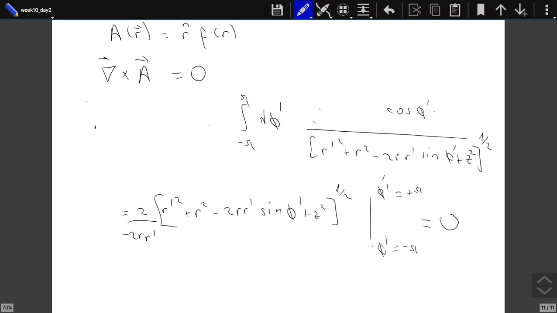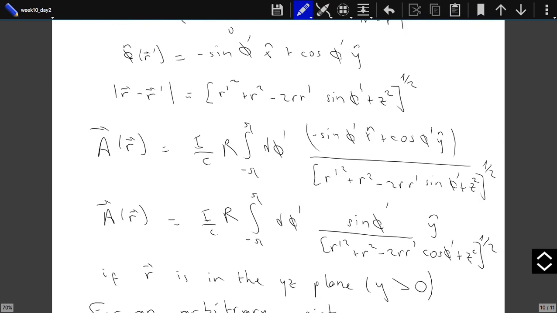Now I like the result. If you go back, the contribution of the second term is 0, not the first one. And hence the result is, let's say, I have the minus sine of phi prime in the x-hat direction.